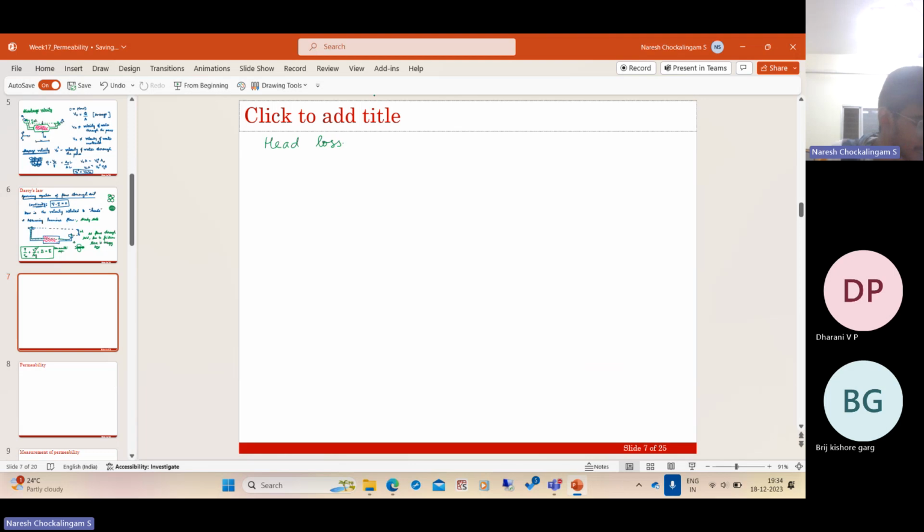Again, recall you are aware of the various types of head. Between two sections, suppose we have soil, and let us take this to be section A, this to be section B. The total head at section A is the elevation head plus the pressure head plus the velocity head.